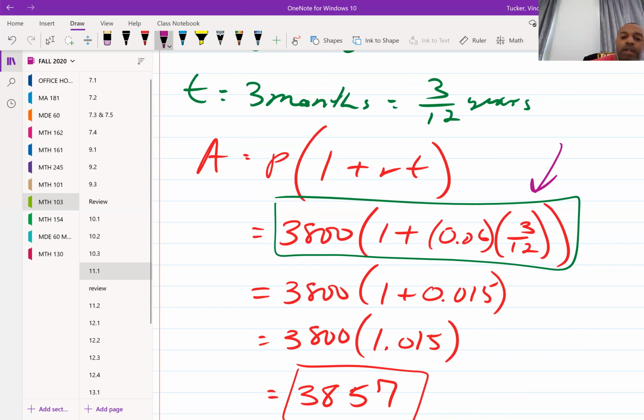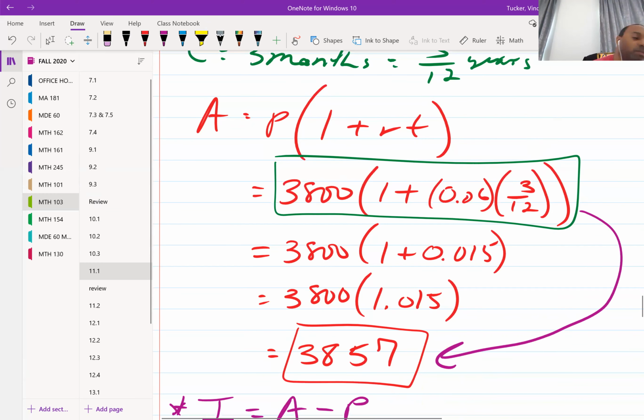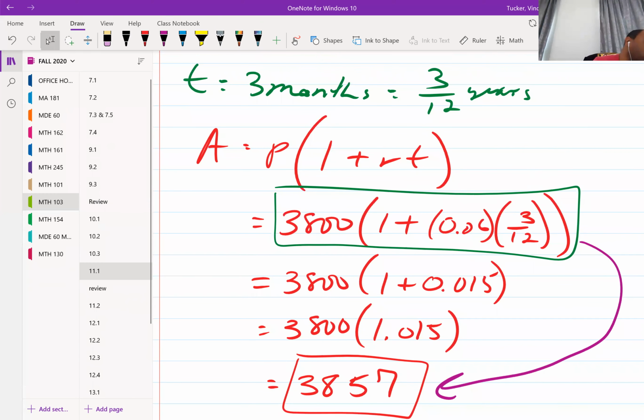But if you do have that, you can put it in just like we have here in that green box, and it will take you right here without having to worry about the steps. All right, any questions?